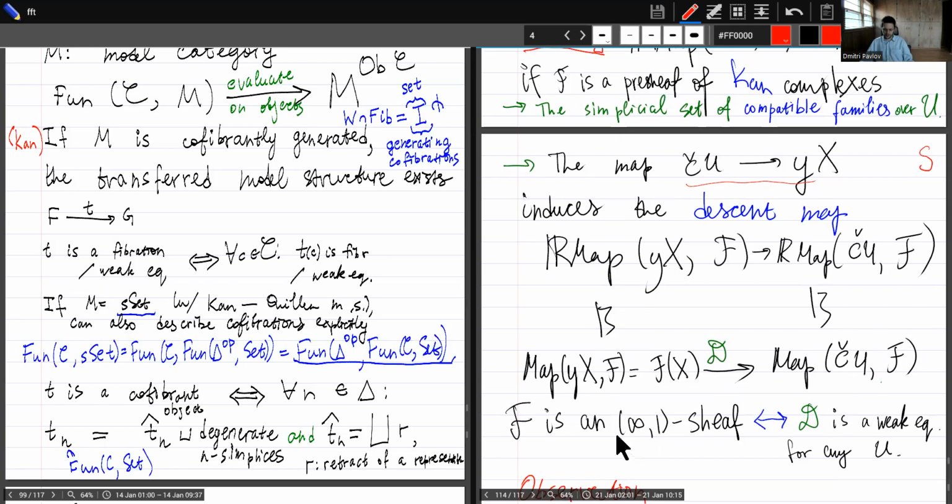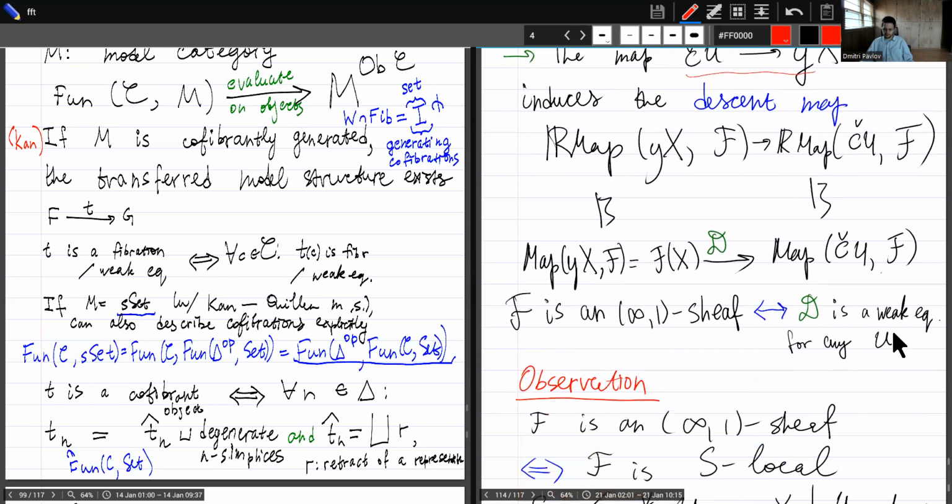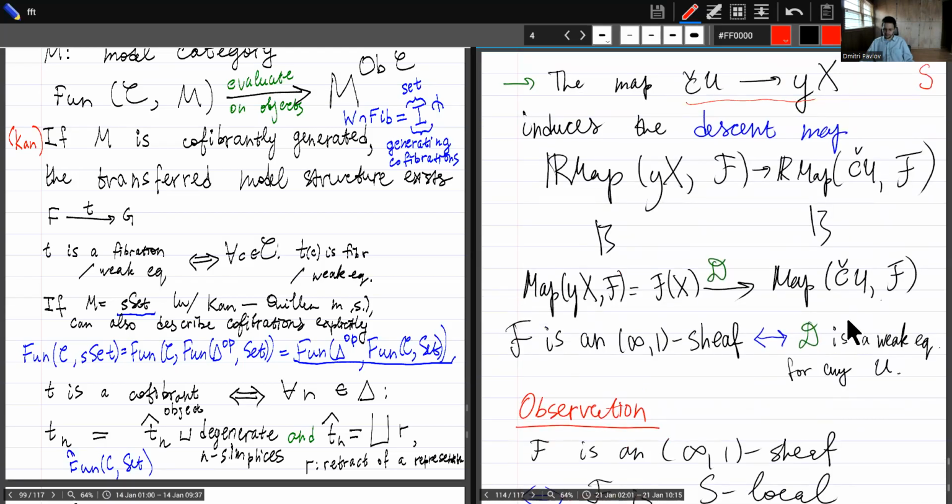And one way to explain what an infinity-1 sheaf is to say this morphism is a weak equivalence for any good open cover U. So the restriction map from the simplicial set of sections over X to the simplicial set of compatible families.